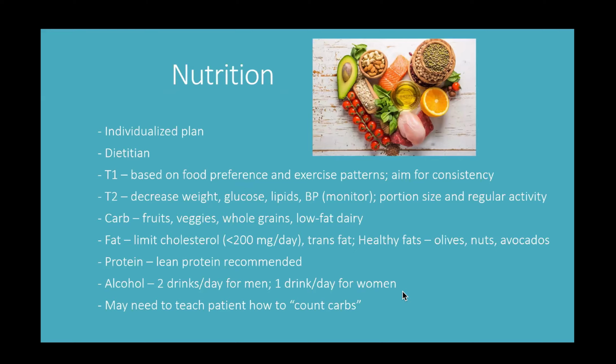Type 2 diabetes, on the other hand, can be cured through diet and exercise. So we do want to have significant diet modifications for a patient with type 2 diabetes. The other thing that we know about patients with type 2 diabetes is that they are at much higher risk for other comorbidities. Often they are obese, and so they also have hypertension and they have cardiovascular disease.